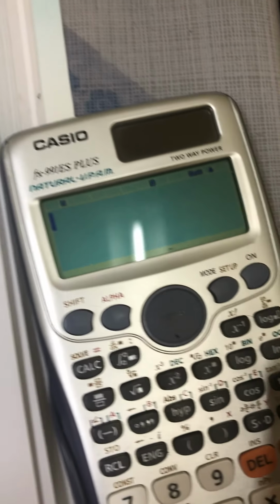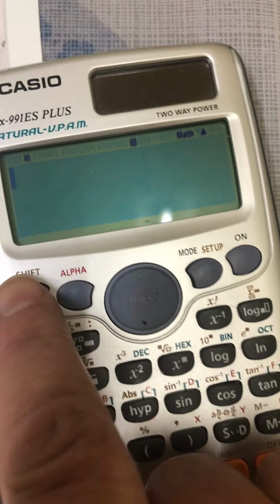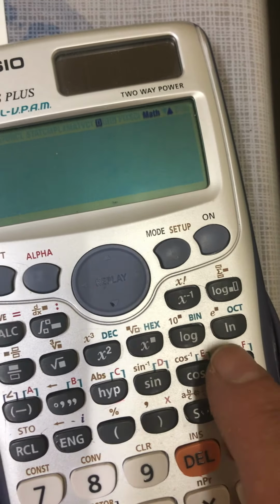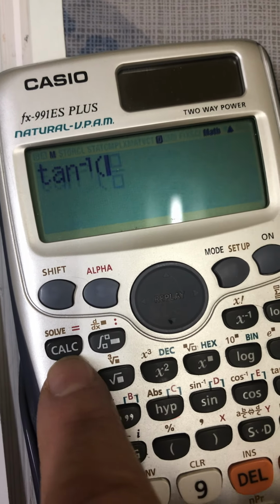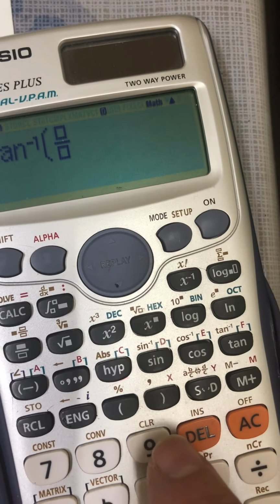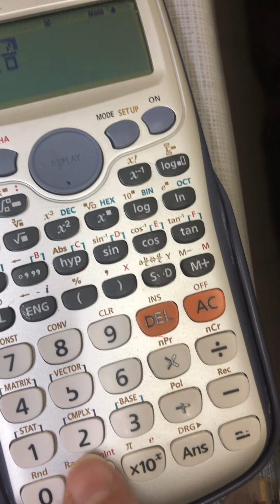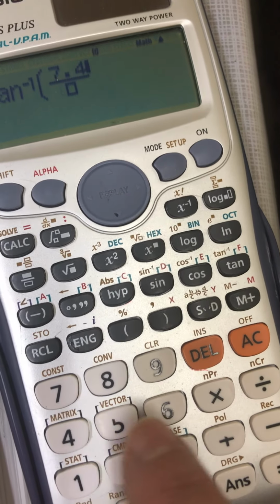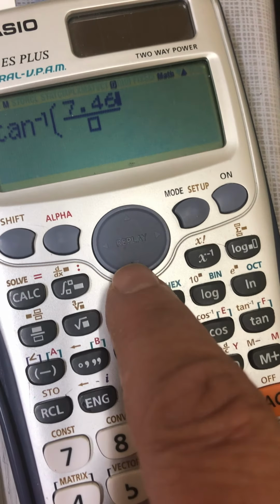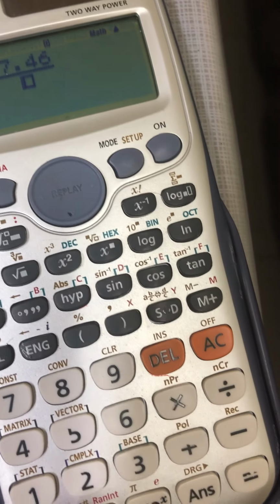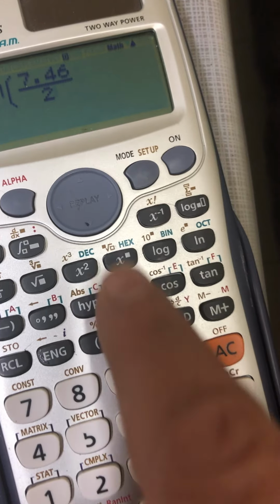As you see here, I press shift, then tan, then fraction, and I start to write 7.46 up, and down 2.